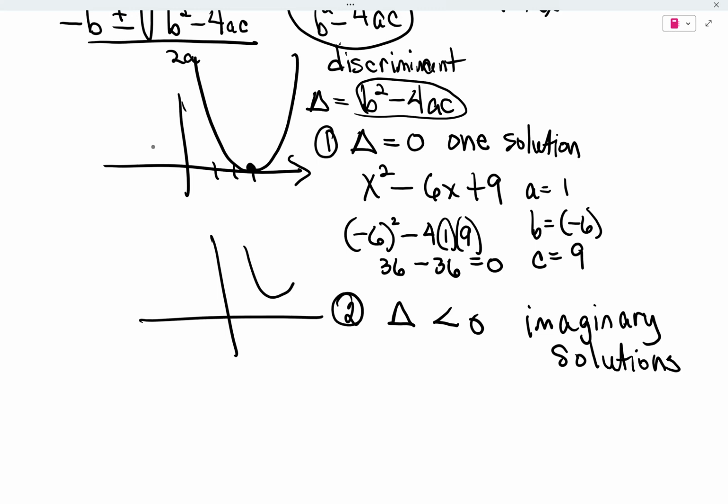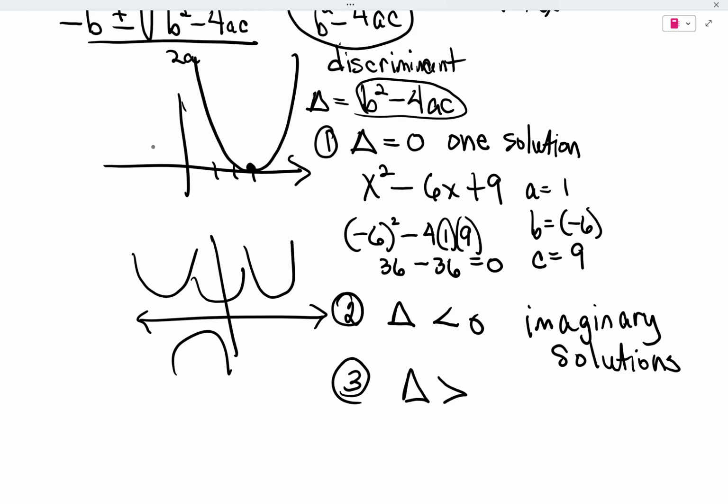So it's up here, for example, or down here, whatever it is, it will never cross that x-axis. In the third condition, if the discriminant is greater than 0, it's just positive, is basically what it means, then we have two solutions of some type. Two solutions, typically two real solutions.